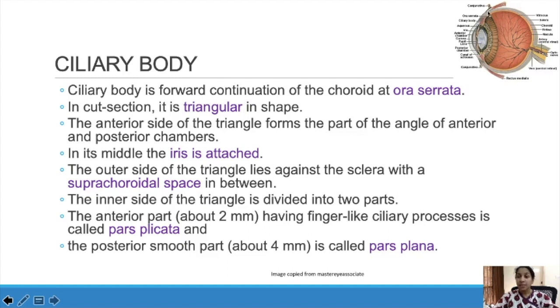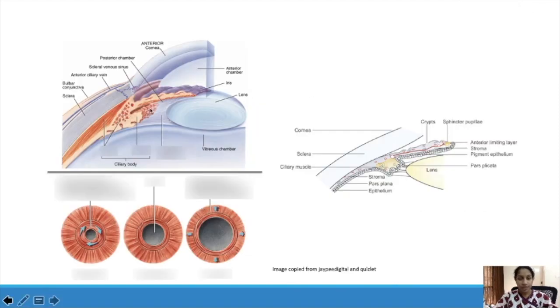So the outer portion is in contact with the sclera, and there is a space known as the suprachoroidal space, and the inner part can be divided into two. In that, only the anterior portion has finger-like structures, that is known as pars plicata, with pleats. So pars plicata, and behind, the posterior part is plain. So it is pars plana. You can see here these finger-like projections.